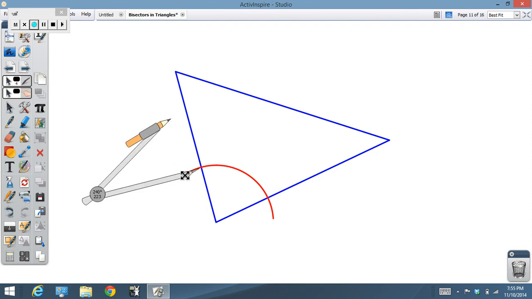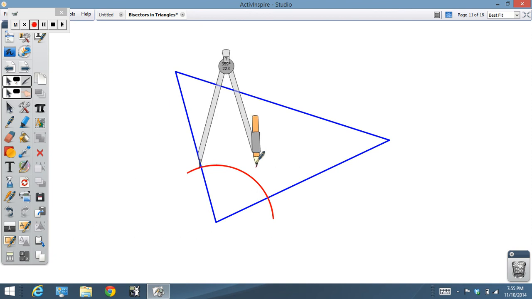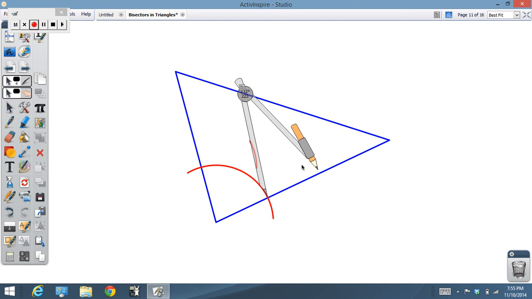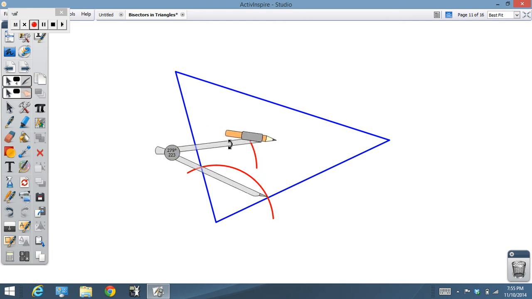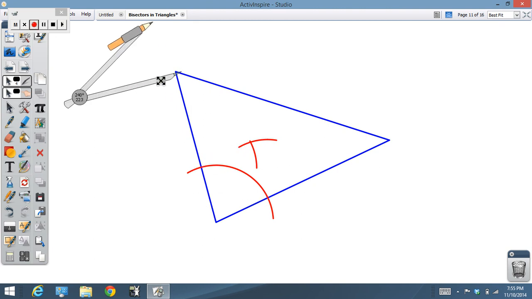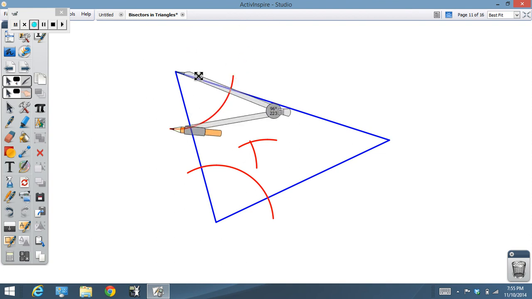Make a little arc there. And from there, we're going to go 1, 2. Okay. And from there, I'm also going to make an arc here, which then go here.